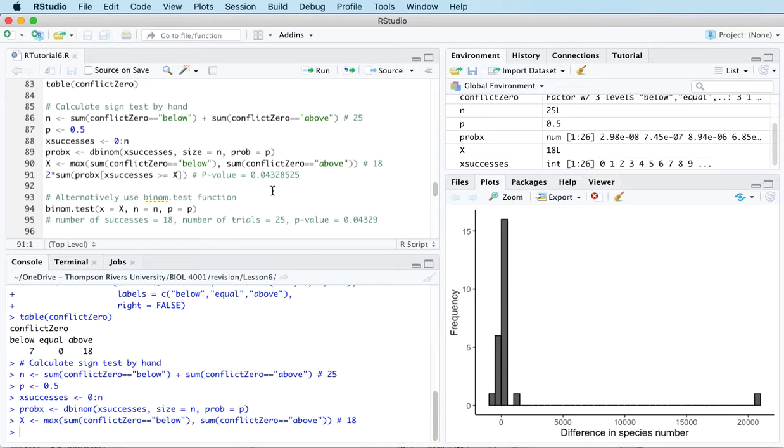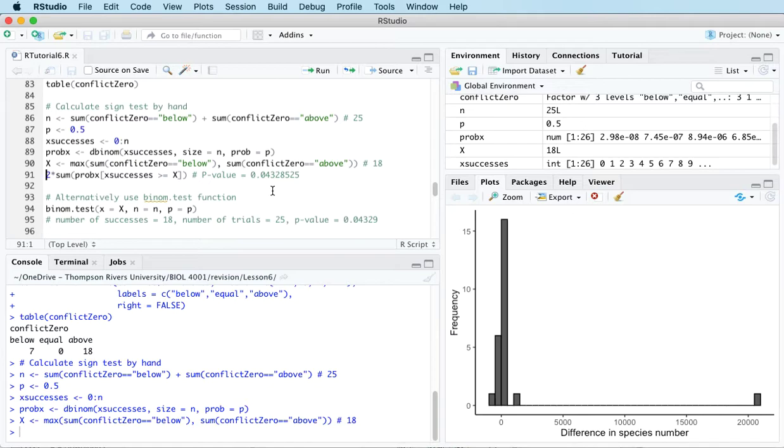Let me just back up for a second. I'm doing a hypothesis test. I need to be careful to go through my 4 steps. So I kind of skipped over step 1. Step 1 for a sign test is that the median difference in the number of species between the insect groups is 0.